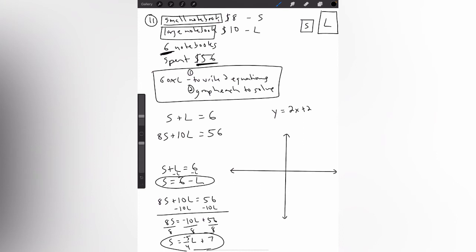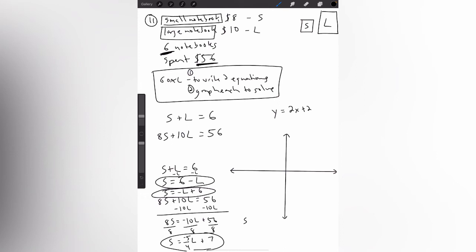If I have s is equal to 6 minus l, right? That's the same as writing s is equal to negative l plus 6, right? And the reason I do that is because that kind of looks like slope-intercept form. So let's go ahead and try and graph that.